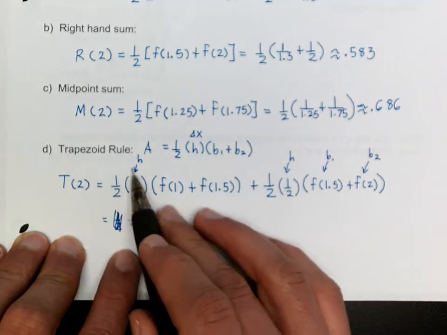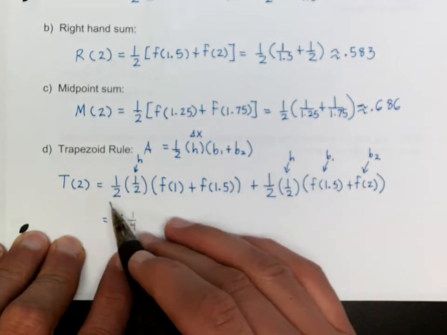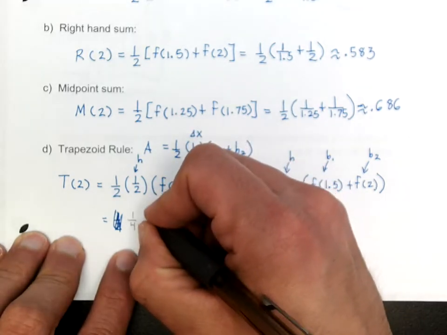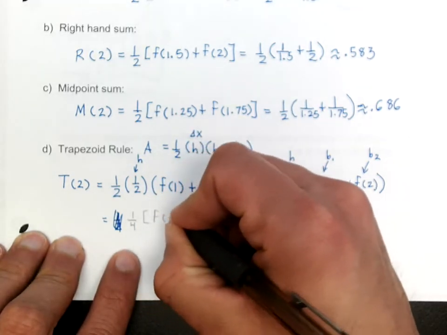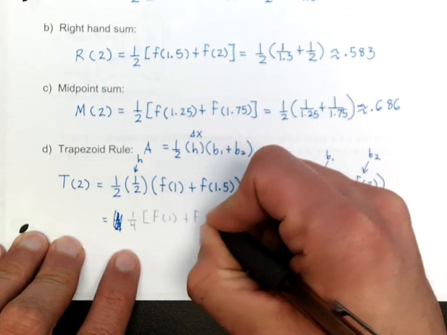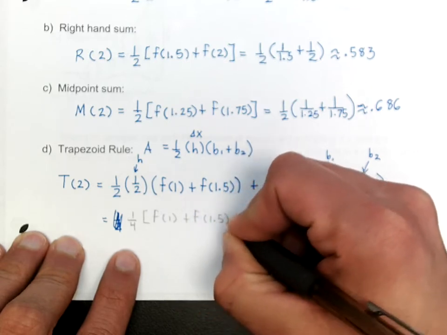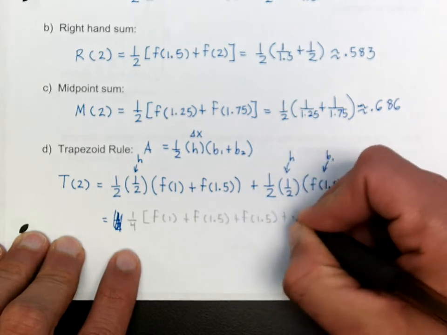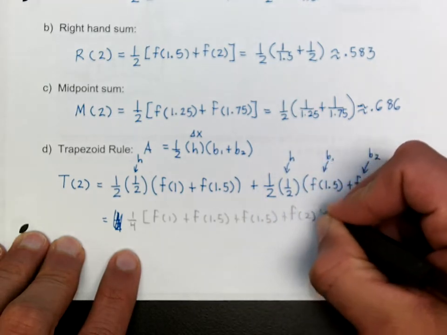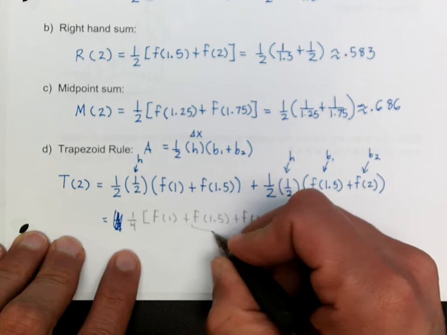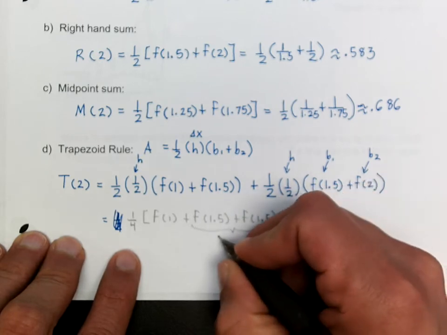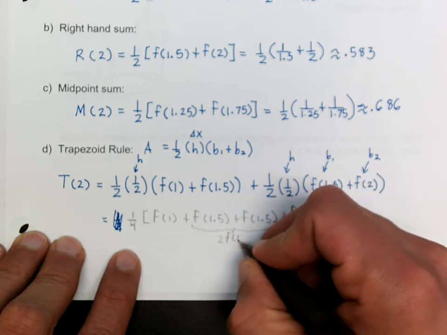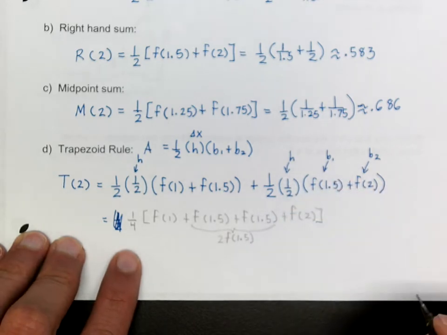Notice that I have a common factor of 1/4, so I'm going to pull that all the way out, and when I do, I end up with f of 1 plus f of 1.5 plus f of 1.5 plus f of 2. Now notice that this right here will be the same thing as twice f of 1.5, and that's important when I show you the actual equation.